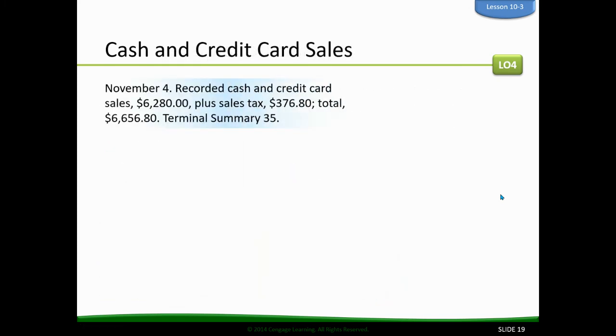So on here, November 4th, we recorded cash and credit card sales of $6,280 plus sales tax of $376.80 for a total of $6,656.80. Terminal summary 35. For our terminal summary, we're going to use either T or TS as our source document.